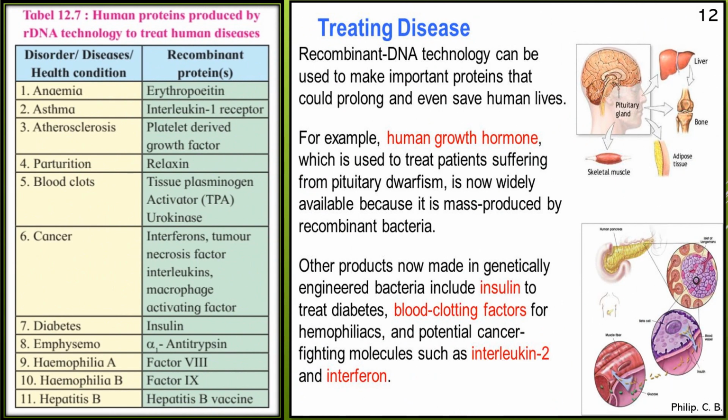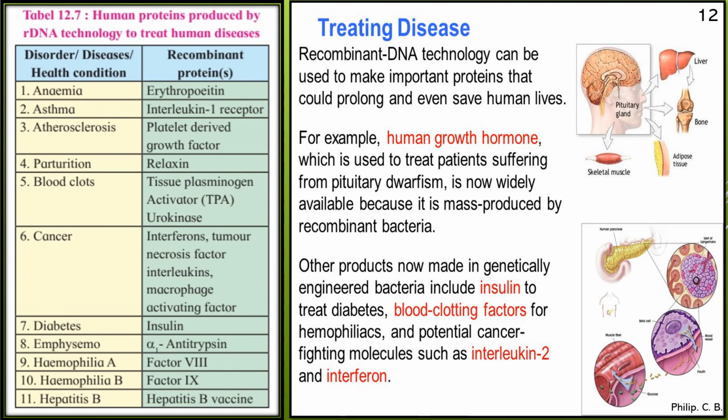Here again I put a chart which is there in the book, showing human proteins produced by rDNA technology to treat human disease. Disorder: anemia. What is the recombinant protein used? Erythropoietin. Asthma, interleukin-1 receptor; atherosclerosis, platelet-derived growth factor; parturition, relaxin; blood clot, tissue plasminogen activator TPA, urokinase.